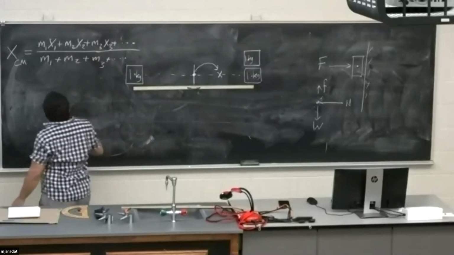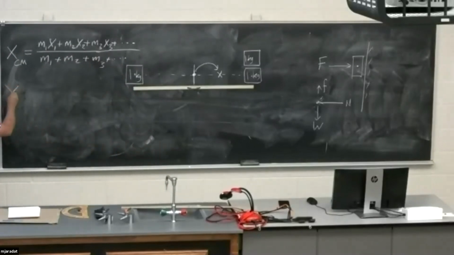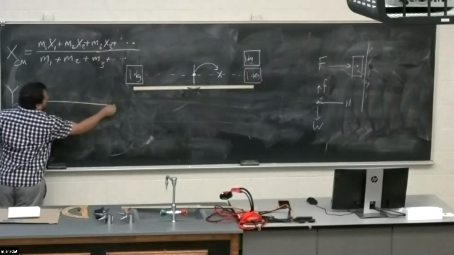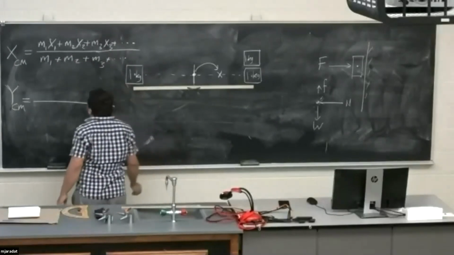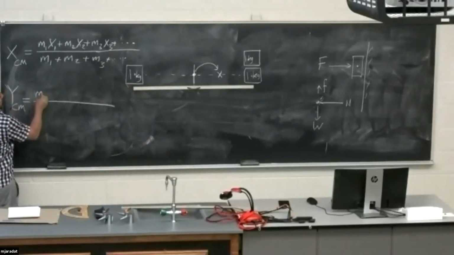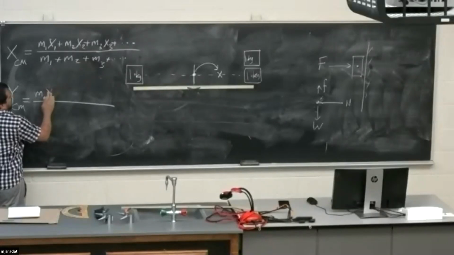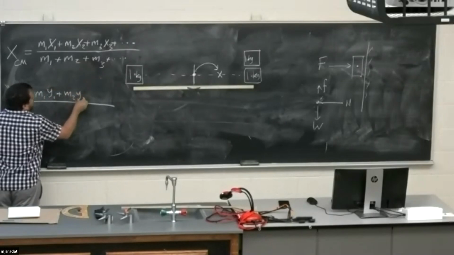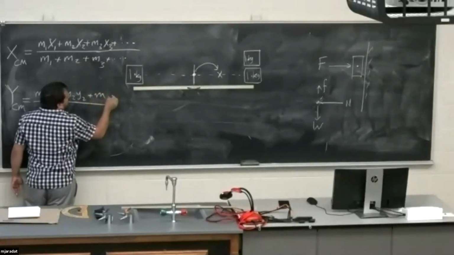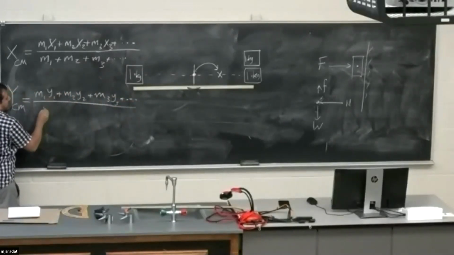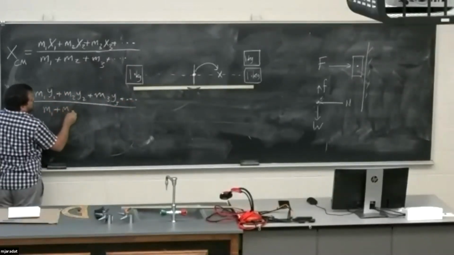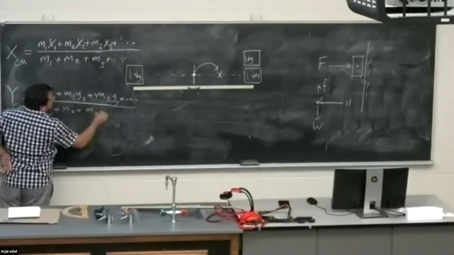And for the y center of mass, this will be equal to m1 y1 plus m2 y2 plus m3 y3 and so on, over the total mass again, m1 plus m2 plus m3.